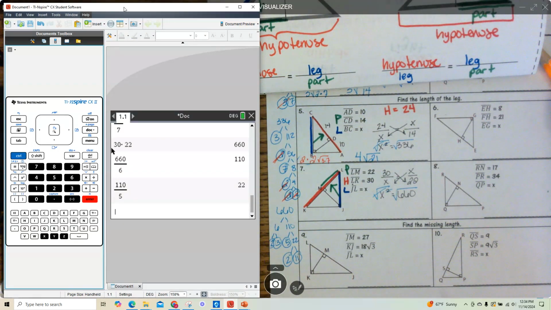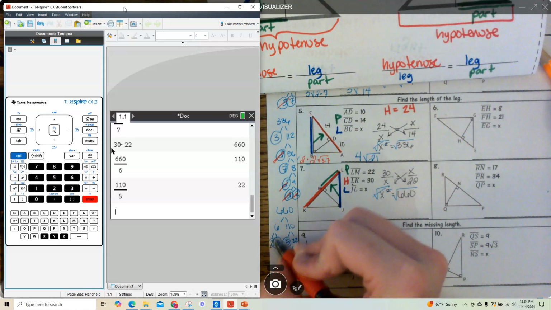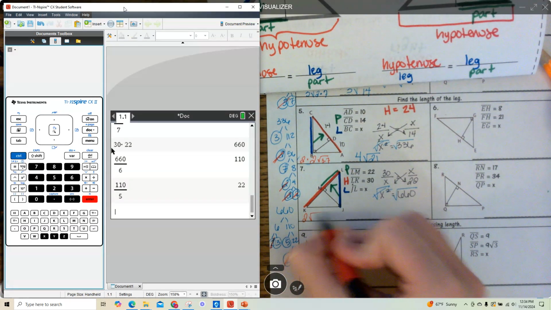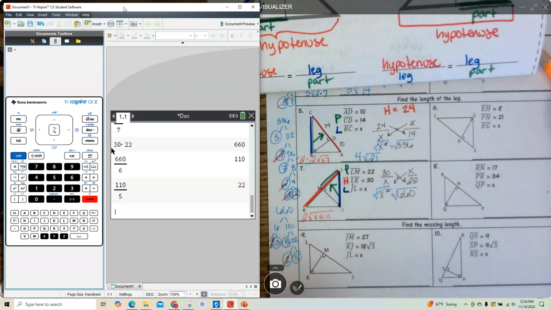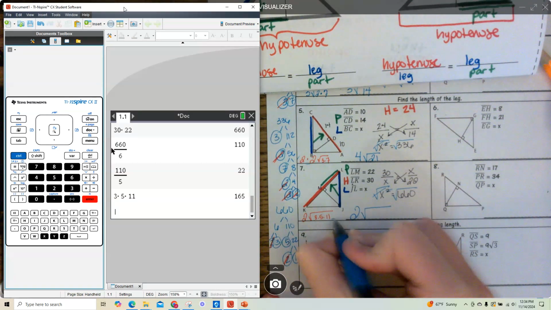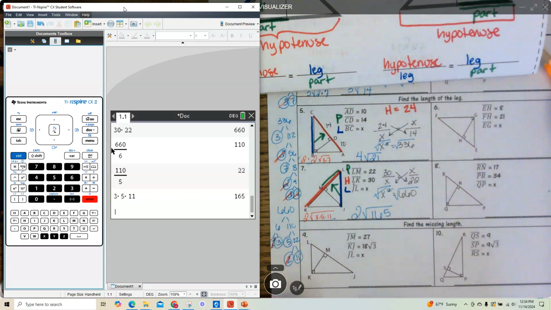Who's got a buddy? 2 has a buddy. Does anybody else have a buddy? No. So 3, 5, and 11 are left over. So 3 times 5 times 11 gives me 165. So the 2 stays outside. Smush these together and I get 165.